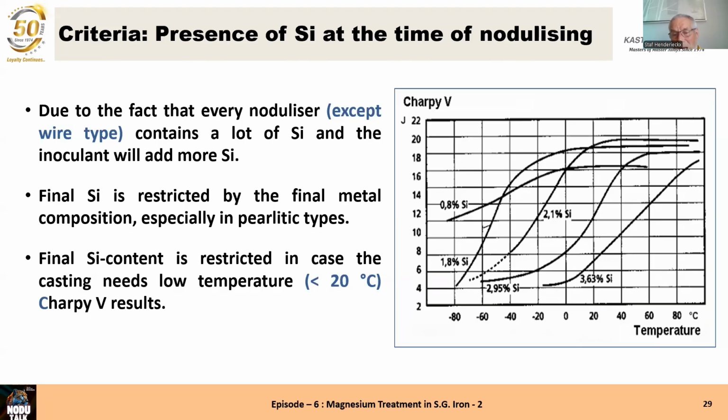And if you go higher, to 2.95, which is a little bit extreme, but you meet it sometimes, you will see that you can nearly never get the required results at low temperature, which are mostly a value of 12 Charpy V. So silicon is to be considered. Another point is, of course, that you can use nickel magnesium, but nickel magnesium will have, due to the nickel, a pearlitic tendency, and cannot be used that much for ferritic ductile iron.